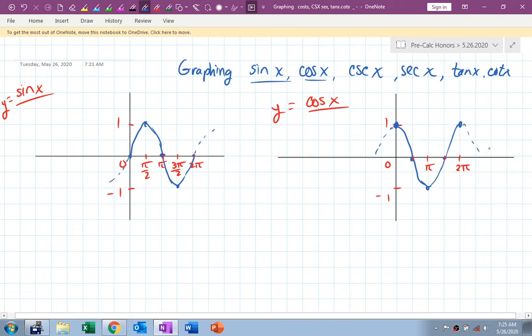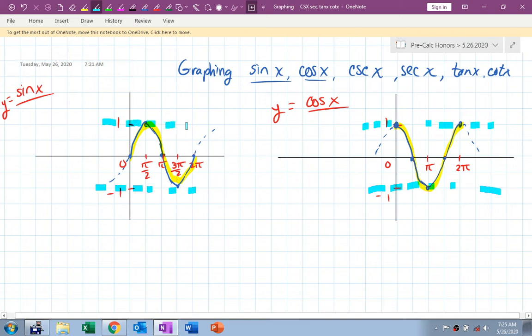What I graphed here, this one cycle, is what we call a period, and then we have the height. How high and low it goes is what we call the amplitude. I like to think of it as related to music.